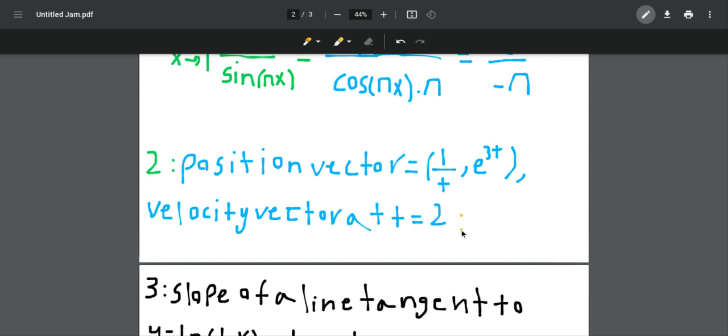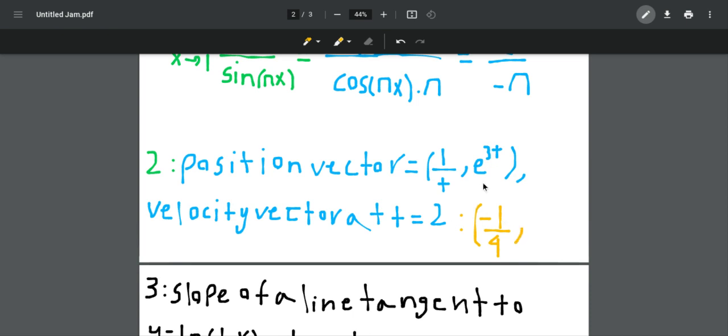We have 2 components because it's a vector. Differentiating 1 over t using the power rule, we get negative 1 over t squared. Evaluating at t equals 2, we get negative 1 over 2 squared, which is negative 1 over 4. So we have found the x component of the velocity vector at t equals 2.